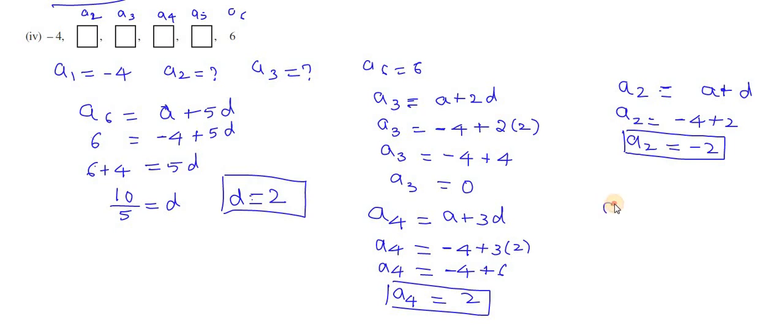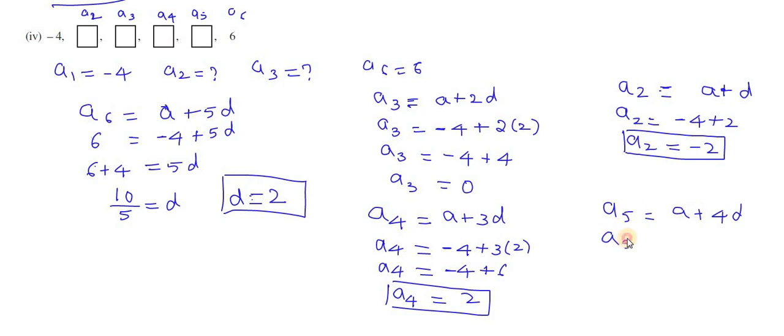And last, a5 is equal to a plus 4d, one number less. Here for a3 we get 2, for a2 we get 1, for a4 we get 3, for a5 we get 4, one number less.